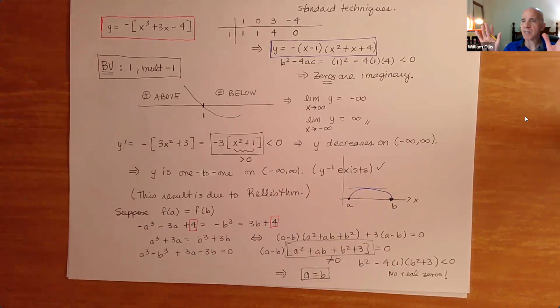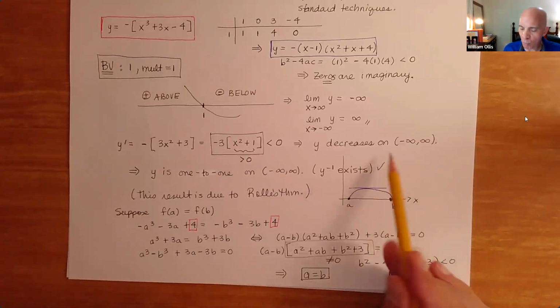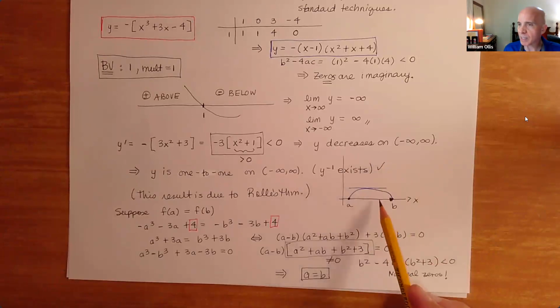You affirm the existence of two values of the function being the same that possibly have different inputs. Okay, so when we're trying to refute this one-to-oneness by Rolle's theorem, we get the contradiction. So that actually is a very nice, slick way to do it.